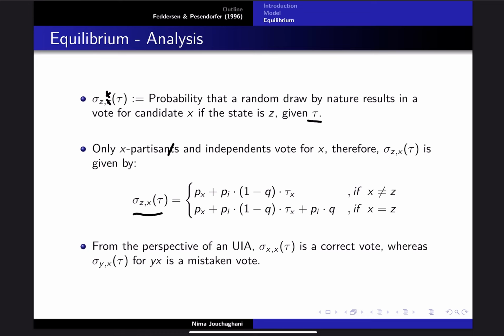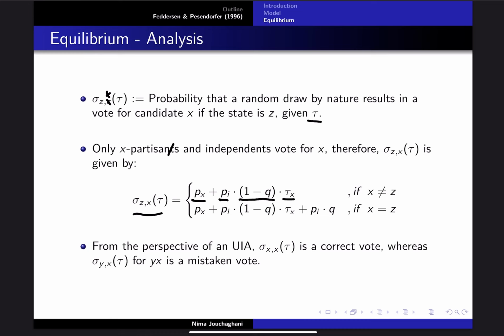The probability that a random draw by nature results in a vote for candidate X is equal to the probability that an agent is a partisan of X, so they vote for X, plus the probability that an individual is independent, multiplied with the probability that this agent is uninformed, and again multiplied with the likelihood that an uninformed independent agent is voting for candidate X.